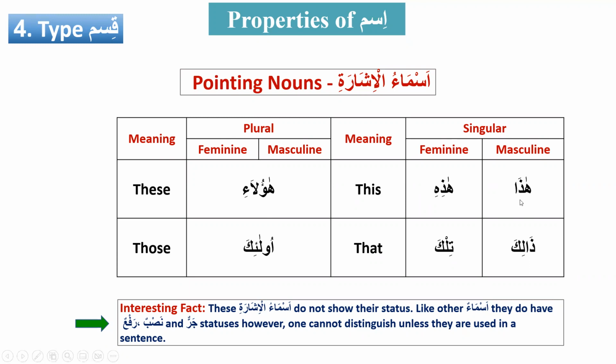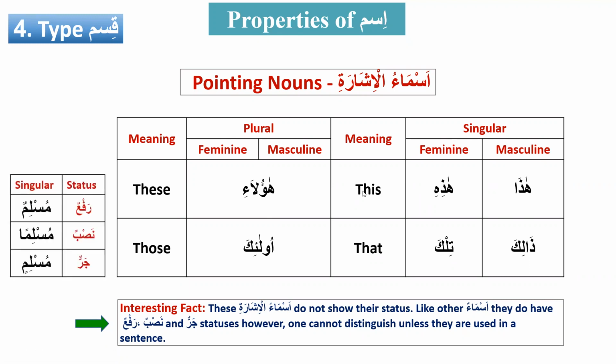No. Like we have muslimun, musliman, muslimin. Rafa, nasab, and jar. If I replace muslimun with haza, it will be haza rafa, haza nasab, haza jar. Haza does not show its status.